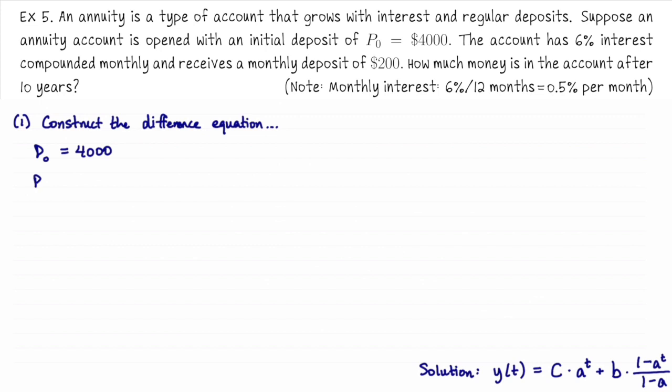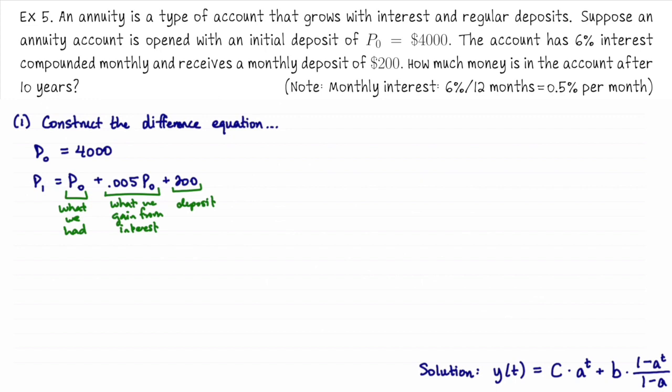So we can write P1 is the 4,000 that we already had, let me just call that P naught, plus 0.005 times what we just had, plus 200. So that's what we already had, what we gain in interest, and then the deposit.